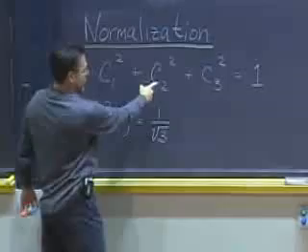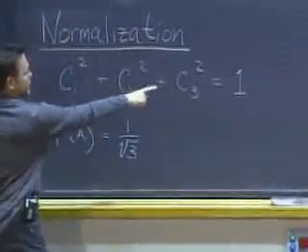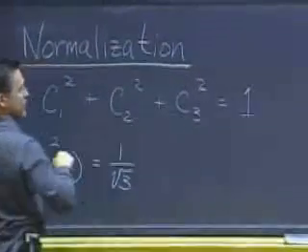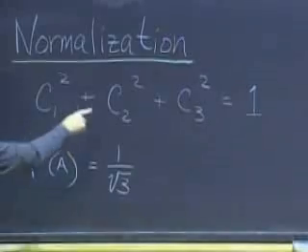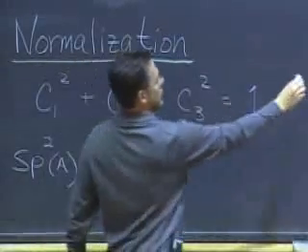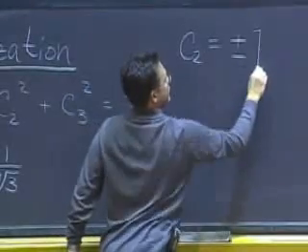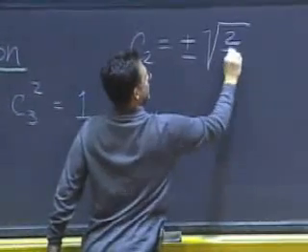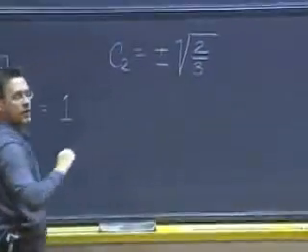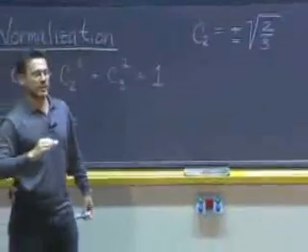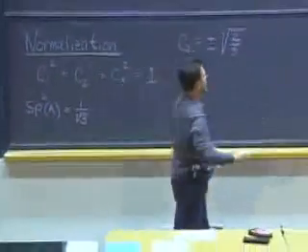And then we can say that by virtue of this and the fact that C3 is 0, C2 could be equal to either plus or minus the square root of 2 over 3. And we have to figure out which one of these to use. Remember that C2 is the coefficient on px.